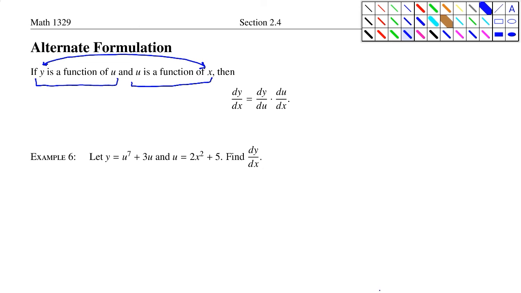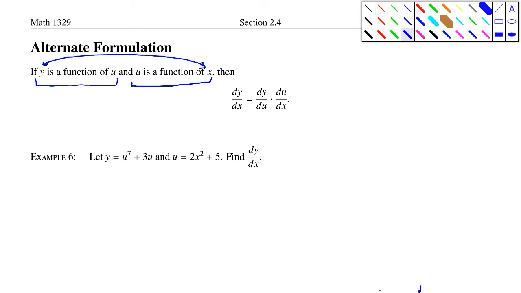Well, you can use these Leibniz fractional notations for derivatives like they were really fractions. The way to think about it is that dy/dx is equal to dy/du times du/dx. In some sense, you can think of it like the du's are going to cancel and leave you with dy/dx. That's not what you do, but that is what you think about.